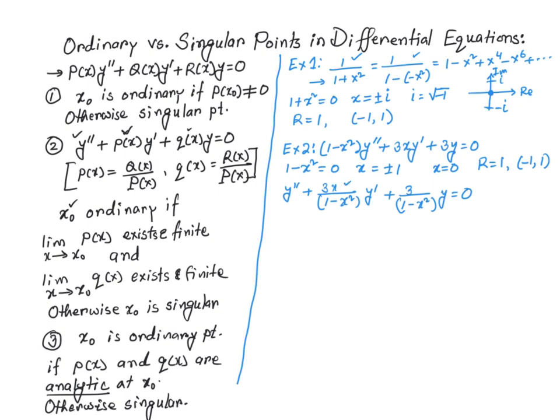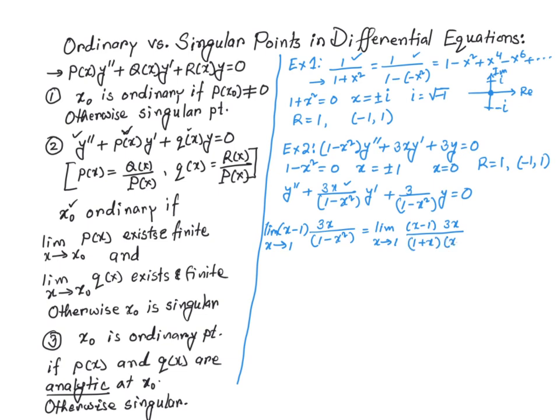by x minus 1. So let's take 3x over 1 minus x squared, multiply it by x minus 1, and take the limit of it as x approaches 1. If we do that, we get the limit as x approaches 1 of x minus 1 times 3x over (1 plus x) times (1 minus x).